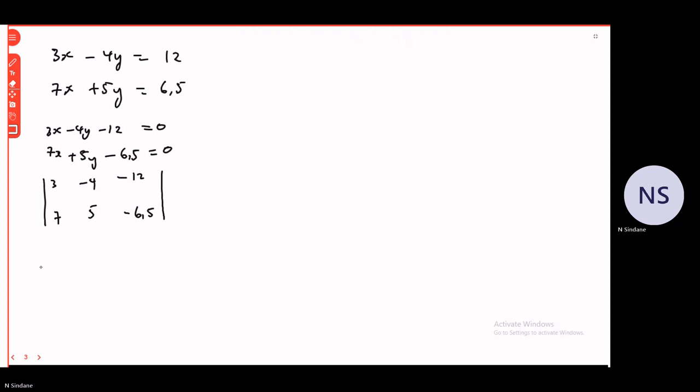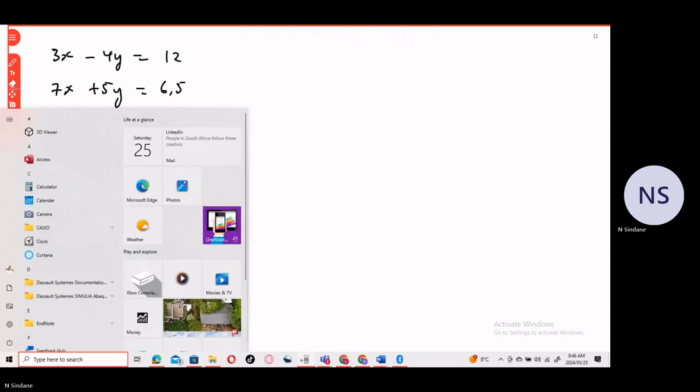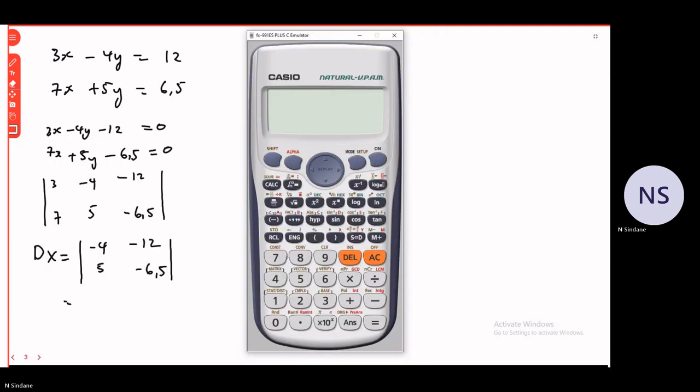Right? And then, you know what is the formula for Dx? Dx means you're going to close this part. When closing this part, you'll have minus 4, 5, minus 12, minus 6.5. Right? And then, we can just calculate it first. Now I have minus 4 multiply minus 6.5.